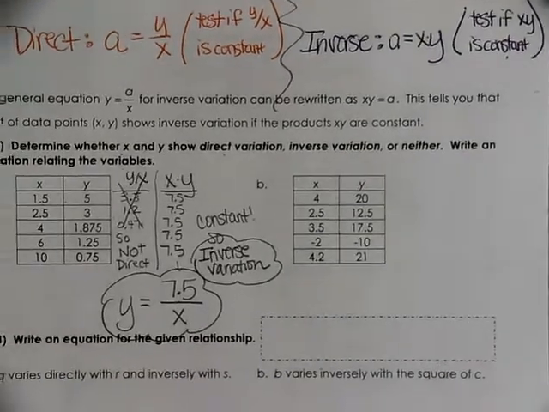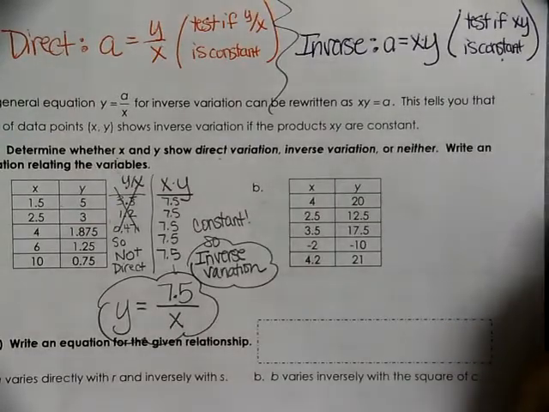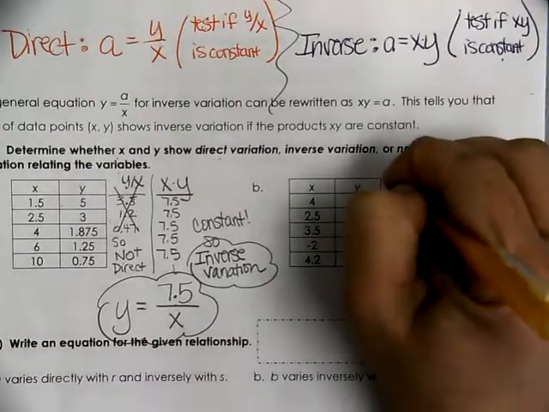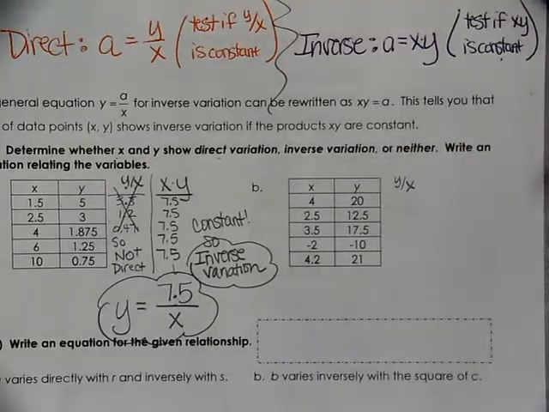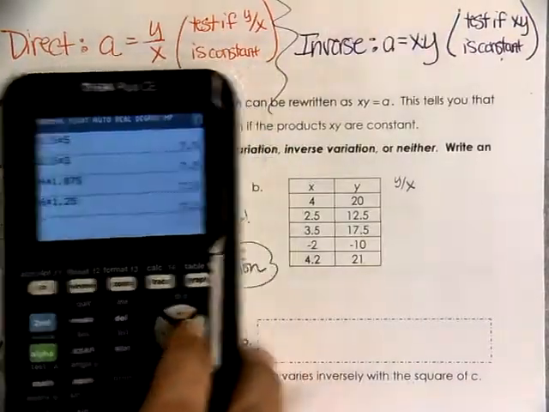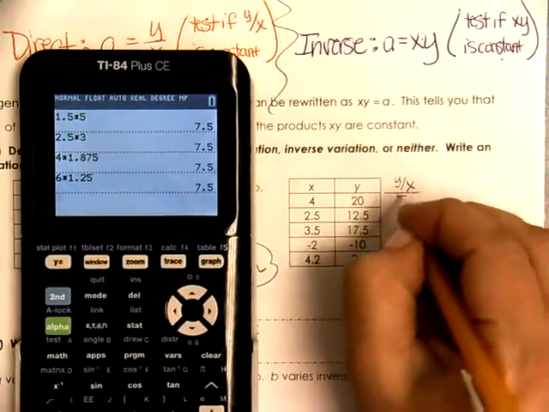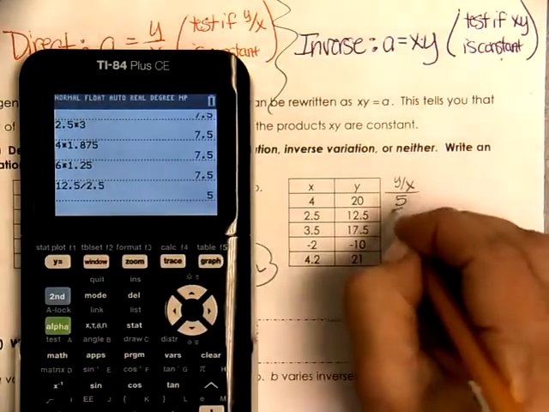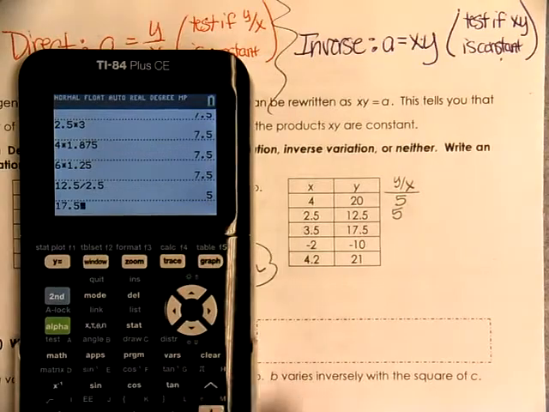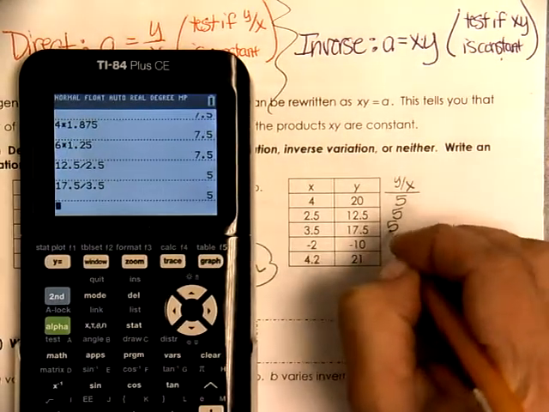Let's try the same thing in letter B. We have new sets of x's and y's, and so what we can do is just start by testing to see if it's direct by y divided by x. So if we take 20 divided by 4 is 5. 12.5 divided by 2.5 is 5. 17.5 divided by 3.5 is 5.